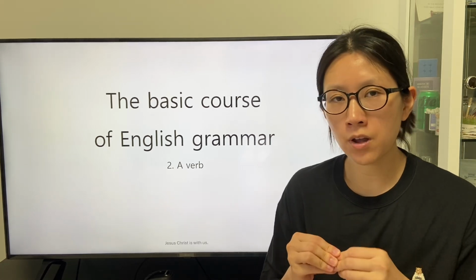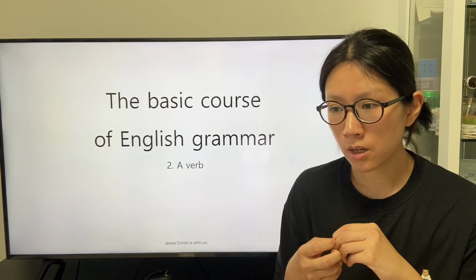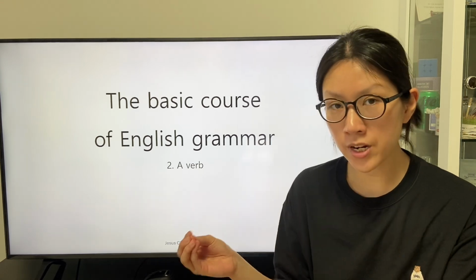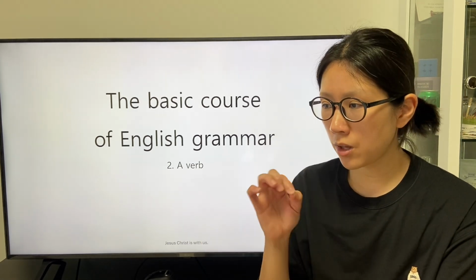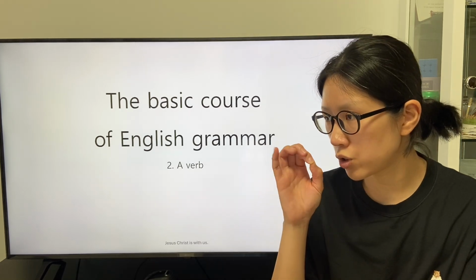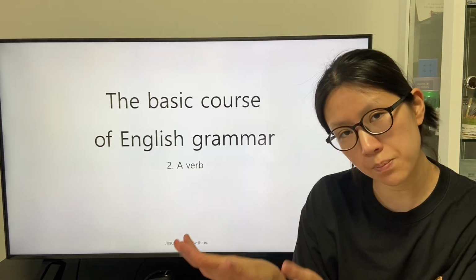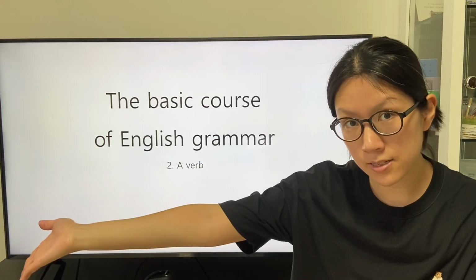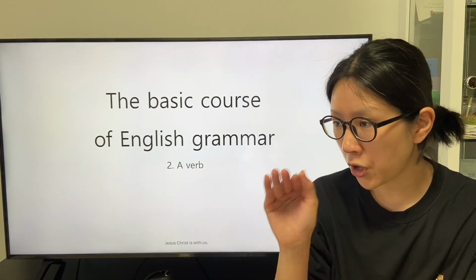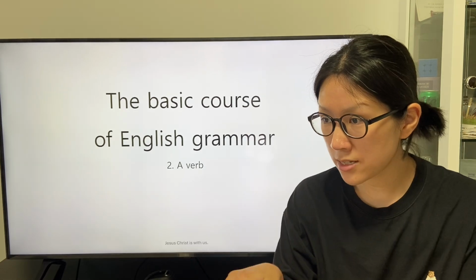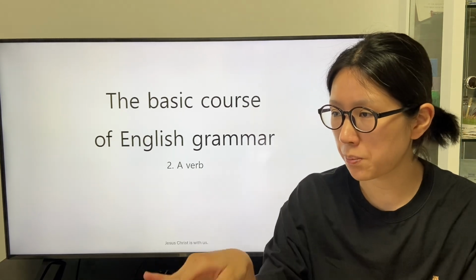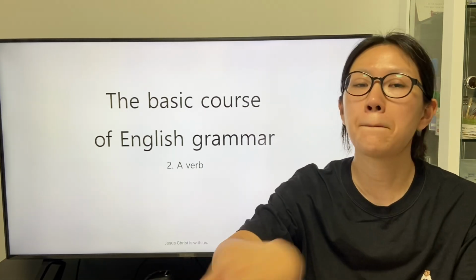So the form of the be verb is differentiated into was and were. The be verb was describes the singular subject in the past, and the be verb were is applied to describe the plural subjects in the past.